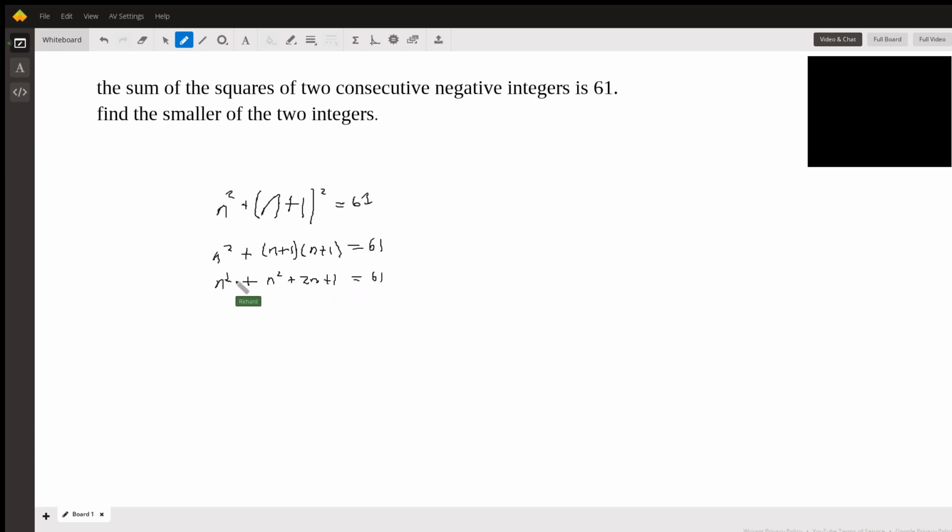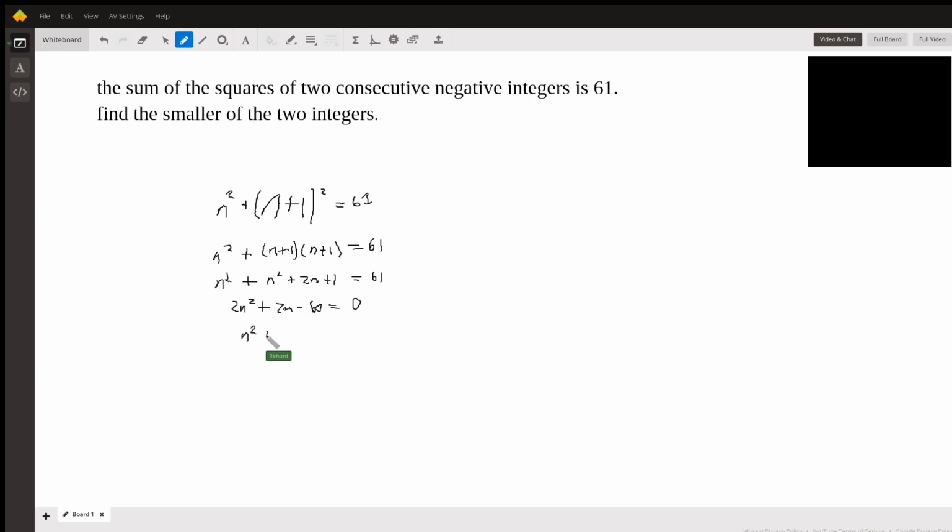I'll bring over the 61 and combine like terms. I'm going to get 2n squared plus 2n minus 60 equals 0. Everything's divisible by 2, so I'll divide everything by 2.